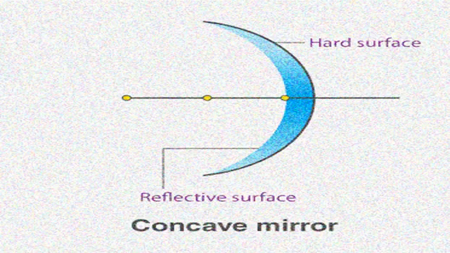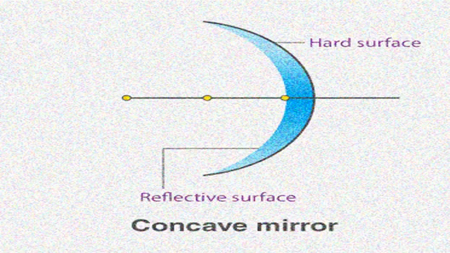If you look carefully at this diagram, the first thing you can observe is that this curve appears as a part of a sphere. Hence, it is a curved or spherical mirror. Now, the outer surface of this curved mirror is polished.